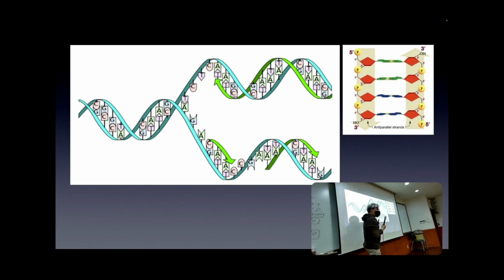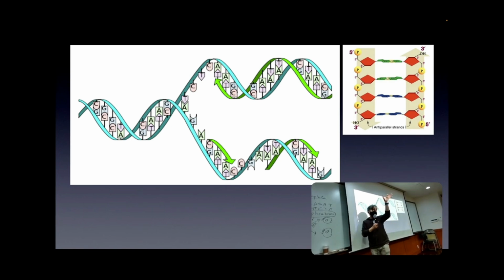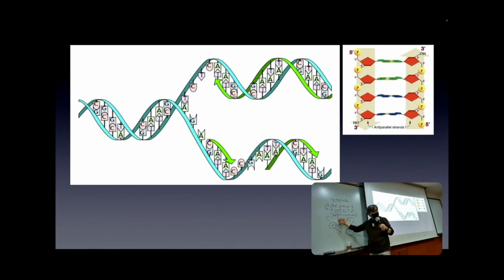If there is a T, then I need to bring an A and insert it. And if there is a C, then I need to bring a G, and you complete this whole business. And then all of a sudden, two whole new sets of DNA strands will be made. That's how you do so-called DNA replication.